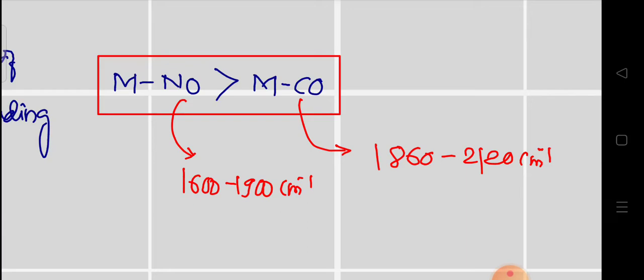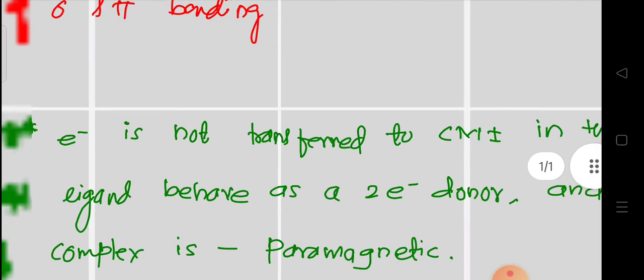If you compare with metal nitrosyl, you get 1600 to 1900 per centimeter. That indicates that metal nitrosyl complexes have a greater decrease in bond strength compared to metal carbonyl complexes. So the strength of back bonding is more, and the vibration frequency is less.